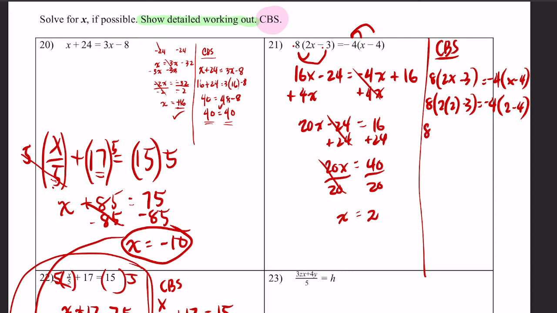So this is 8, 4 minus 3 equals minus 4, minus 2. 8 times 1 is equal to 8. Negative times negative is positive. 8 times 1 is 8 equals 8. So since the left hand side is equal to the right hand side, that means your answer is correct.